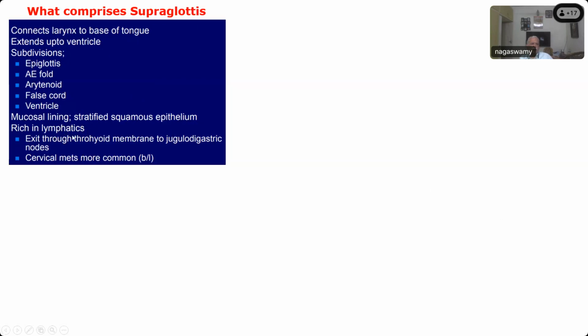It is rich in lymphatics, which exit through the thyrohyoid membrane to the jugulodigastric nodes, and cervical metastasis is more common here. In laryngeal cancer, cervical metastasis arises mainly from the supraglottic areas.